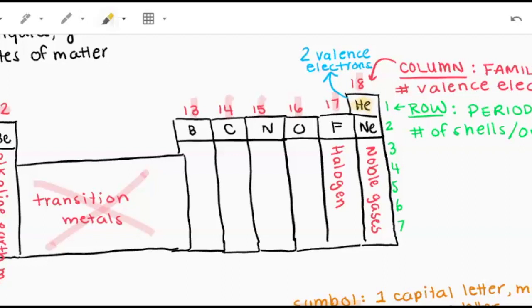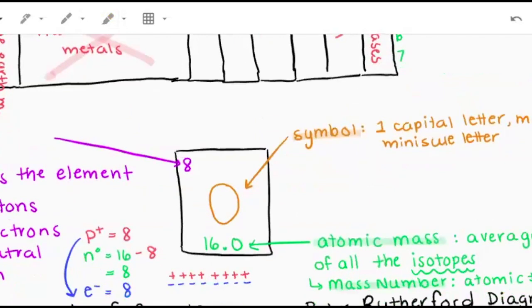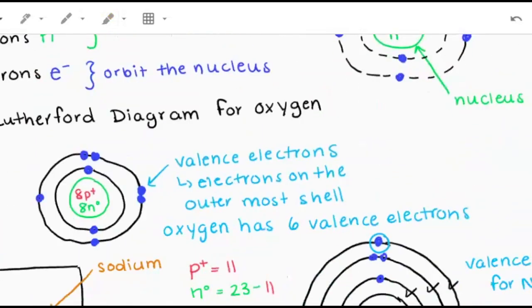So as an example, nitrogen here is in group 15 and period 2. So it's almost like a coordinate for an element.